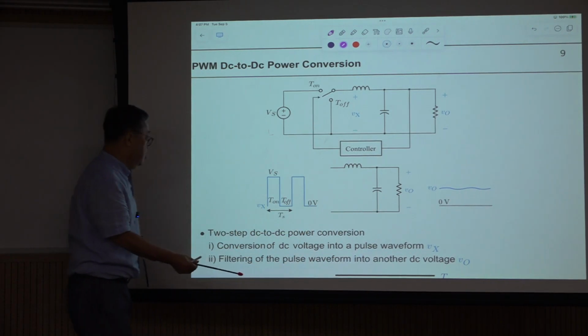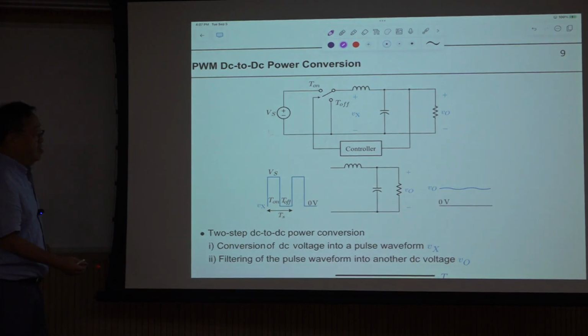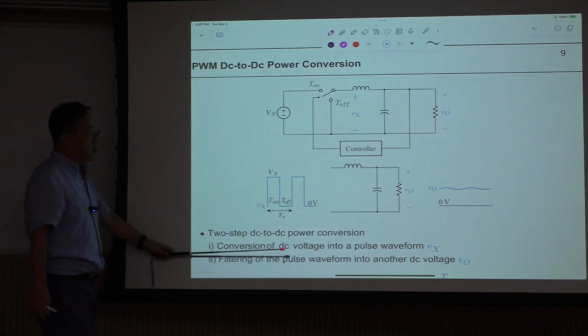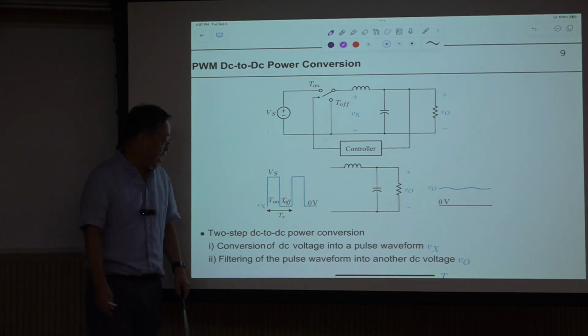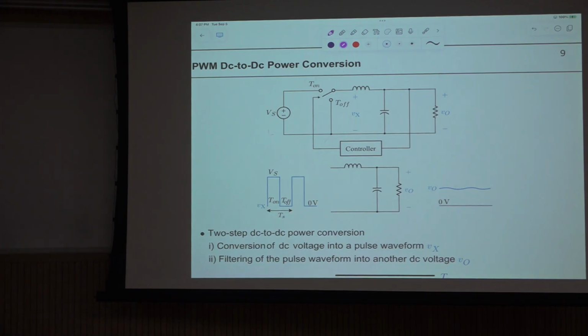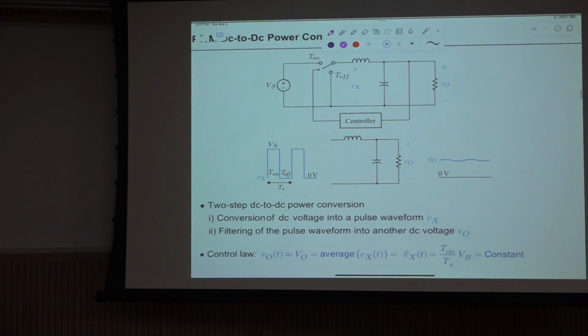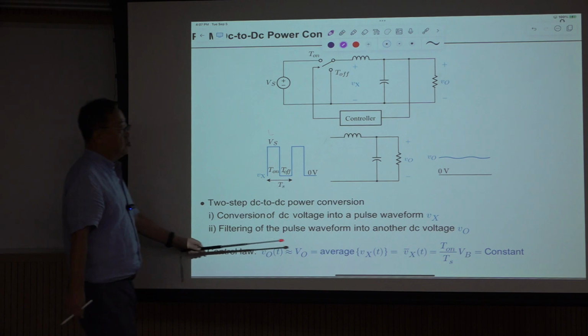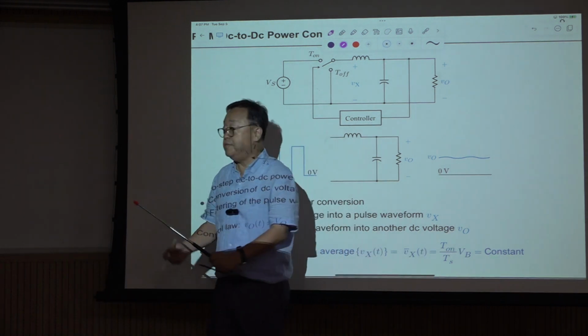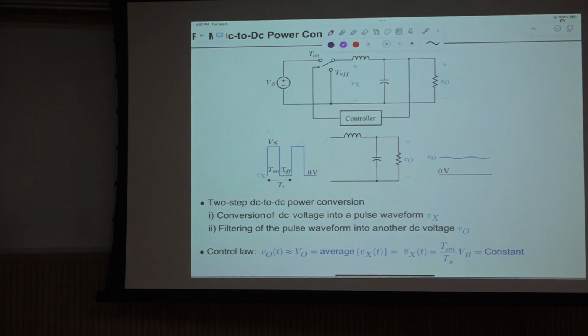So it's called two-step DC to DC power conversion: converting the DC voltage into a pulse waveform Vx, and filtering the pulse waveform into another DC voltage VO. Control law: the average value of this should be constant with a small ripple component. It's so easy and so obvious to understand, all right?